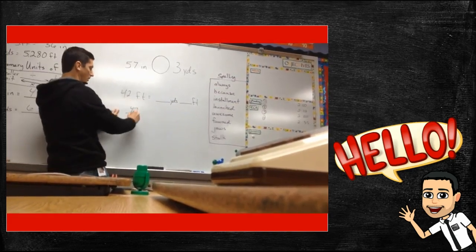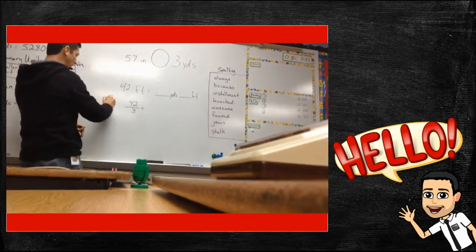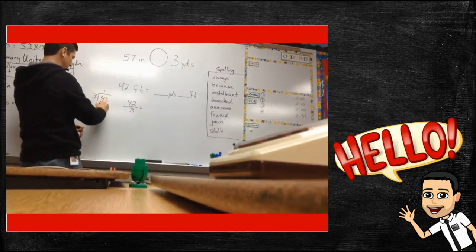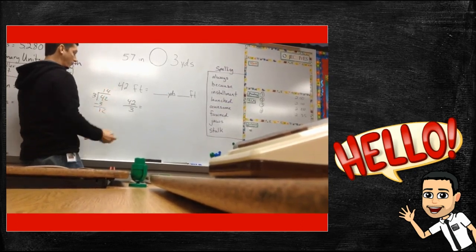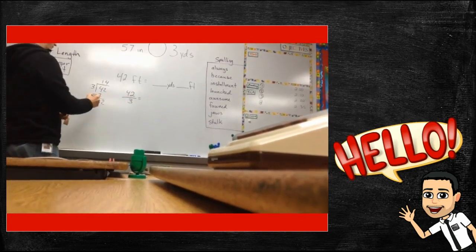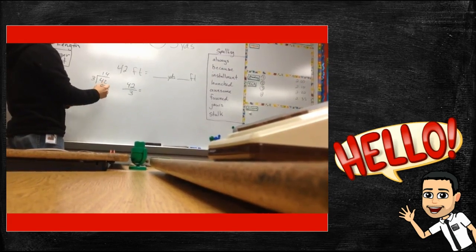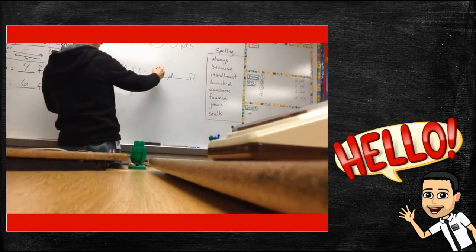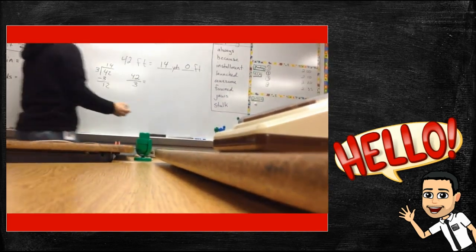How many feet are in a yard? There are 3. 42 divided by 3. So if I did the math, I'm going to get 14. 4 times 3 is 12. That comes out evenly. So the answer is 14 yards, 0 feet.